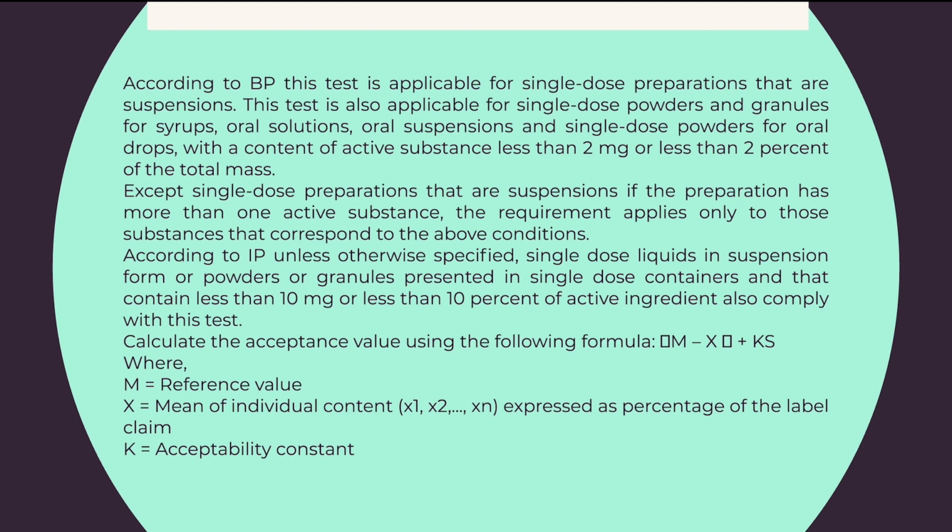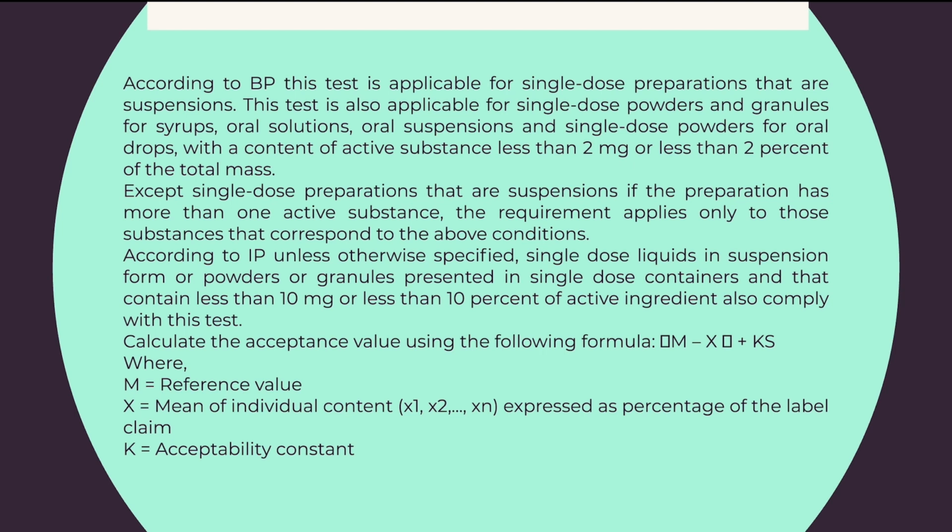If the preparation has more than one active substance, the requirement applies only to those substances that correspond to the above conditions. According to IP, unless otherwise specified, single-dose liquids in suspension form or powders or granules presented in single-dose containers and that contain less than 10 mg or less than 10% of active ingredient also comply with this test.